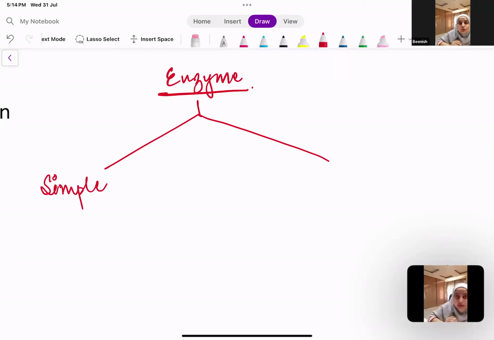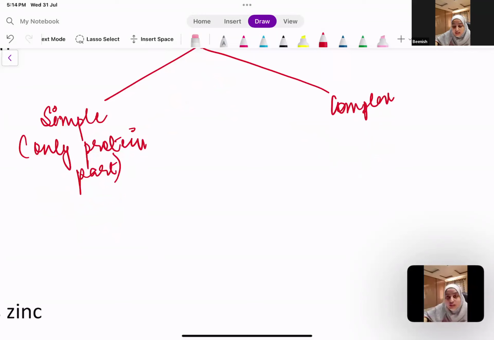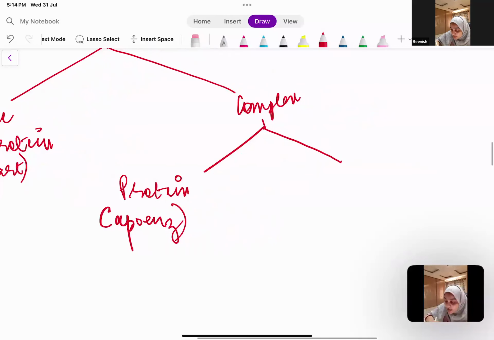Either they are simple, that is, having only a protein part, or they are complex enzymes. What are complex enzymes? These are enzymes which have a protein part, known as the apoenzyme, and a non-protein part.